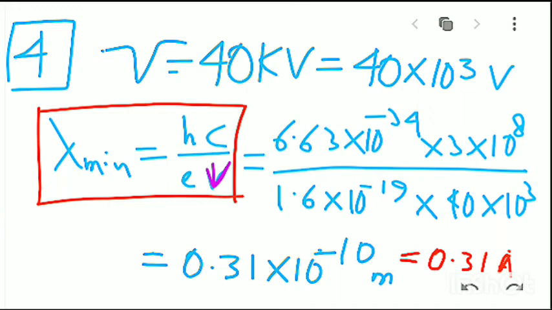Next, let's solve question number 6. Question 6 is also about minimum wavelength. Similar numericals are asked. Still solve it because it came in ISC. Number 6 tells us to find the minimum wavelength of the emitted X-rays when an X-ray tube is operating at 50 kilovolt.